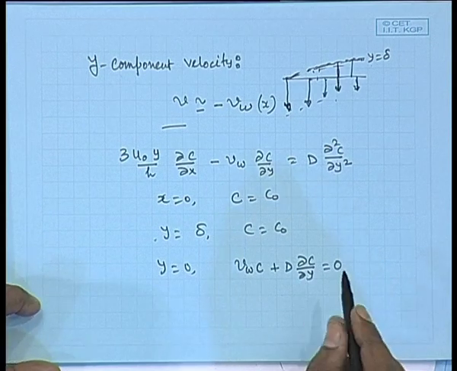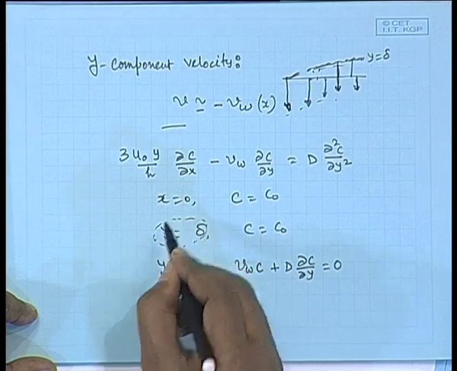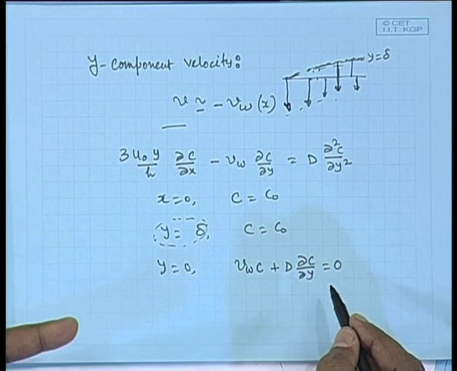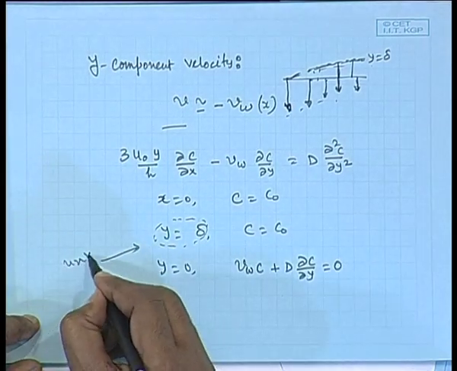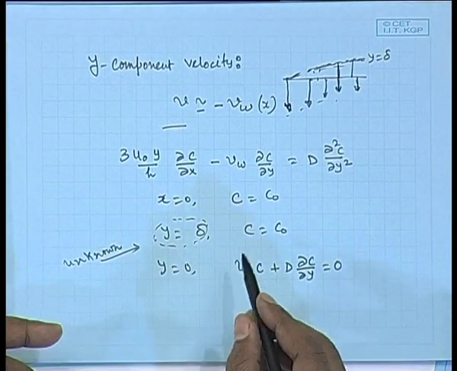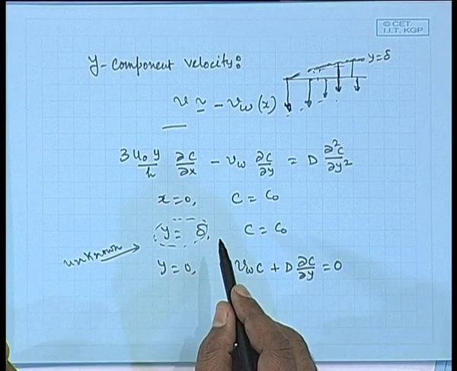Okay. Now, the point comes about this boundary condition. You have formulated a governing equation, you have formulated boundary conditions. Now, this particular boundary is unknown to you. Over and above, it is a case of varying boundary, because delta will be a function of x.